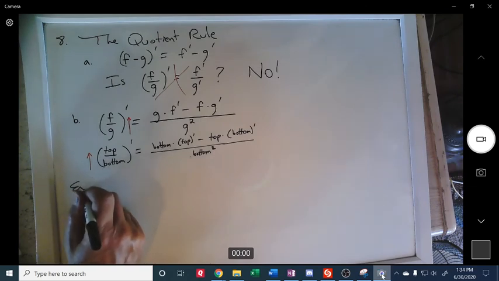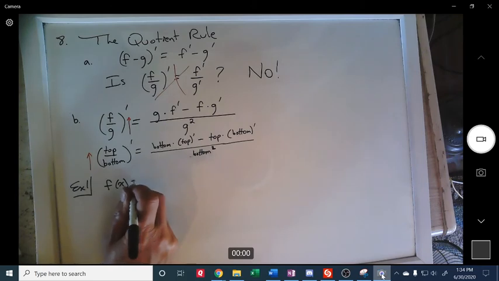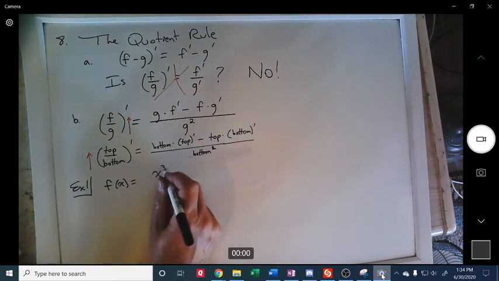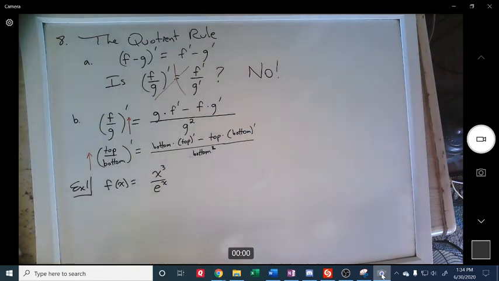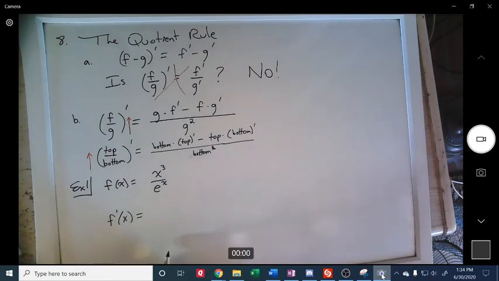So example 1. If I have f of x is equal to x cubed over e to the x, then f prime of x is equal to, and again, you're going to have to memorize this.